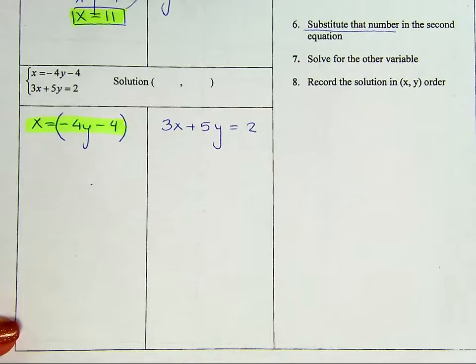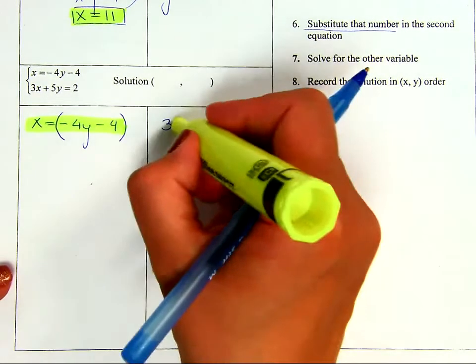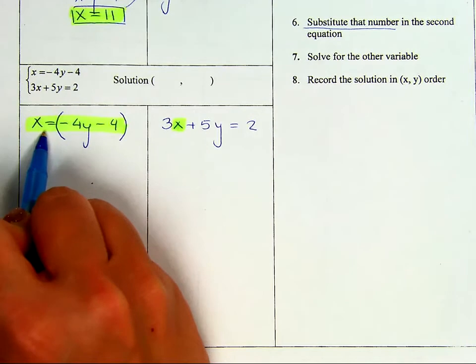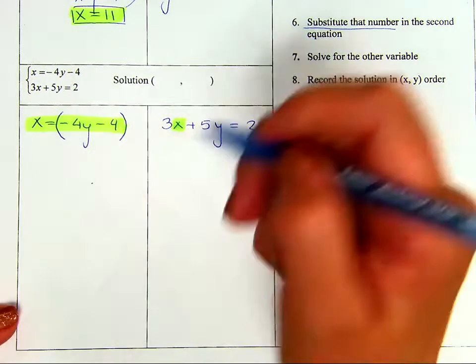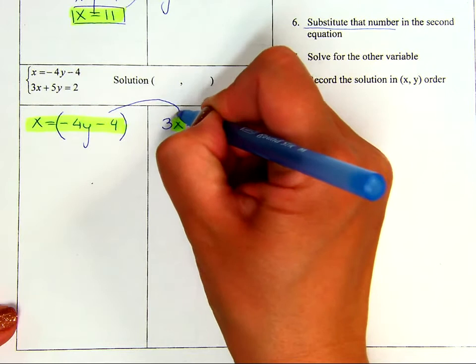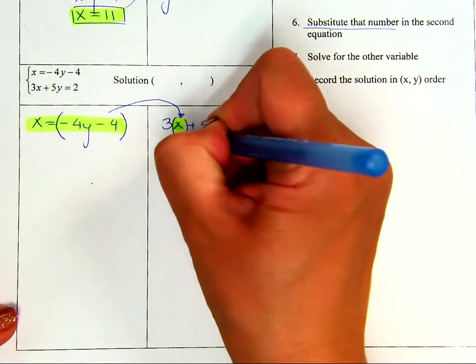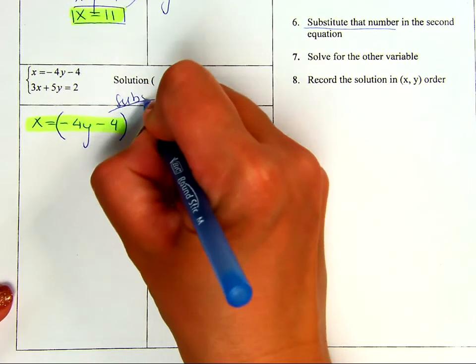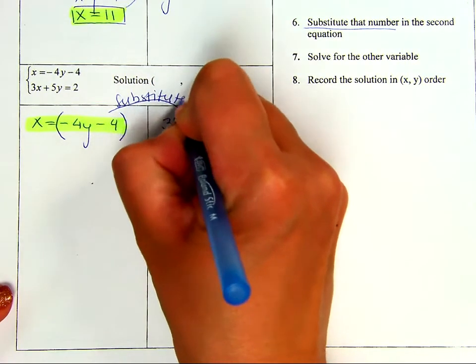Put the expression in parentheses and then we can substitute. The problem says x equals negative 4y minus 4. We can use that instead of x in the other equation, which is called substitute.